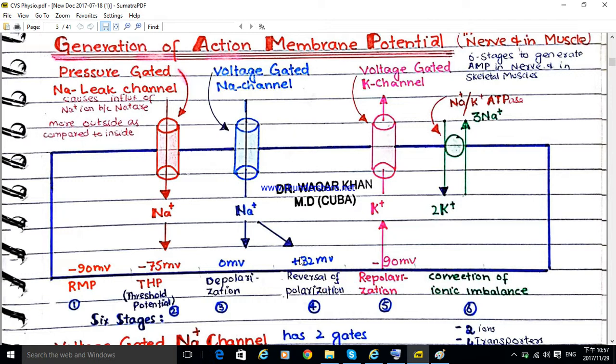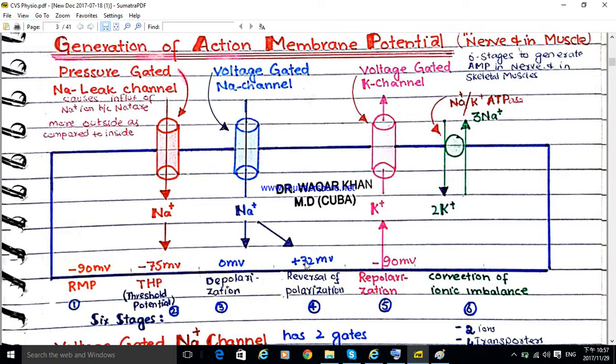That's 32 mV. Now the cell is highly positively charged, so it has to come back to its original state. To remove the positive charge, the cell has to lose something. As there is more potassium in the cell than outside, it will lose potassium. There will be efflux of potassium.